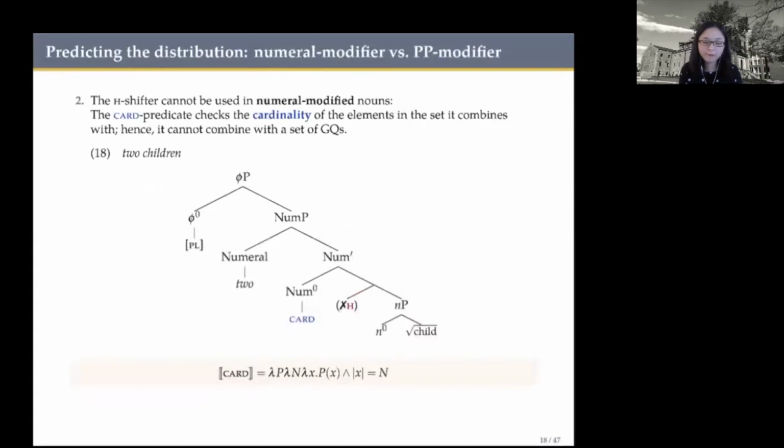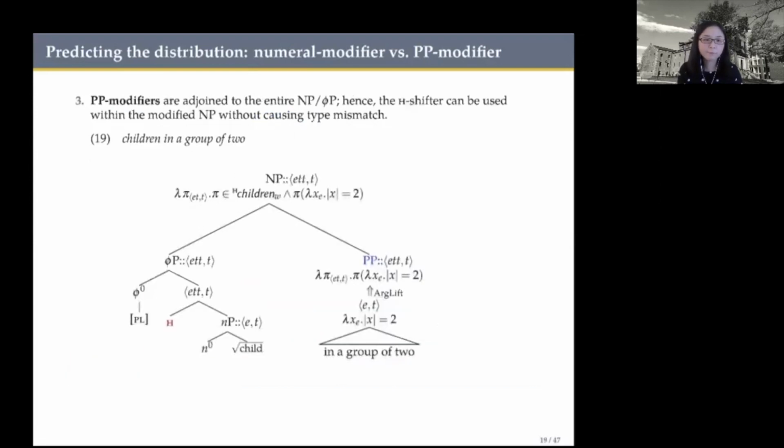For the numeral modified noun, the edge shifter also cannot be used, but for a different reason. In the numeral modified noun, the number head has a card predicate which checks the cardinality of the elements in the set that it combines with. It doesn't make too much sense to say the cardinality of a generous quantifier, and therefore it cannot combine with a set of generous quantifiers.